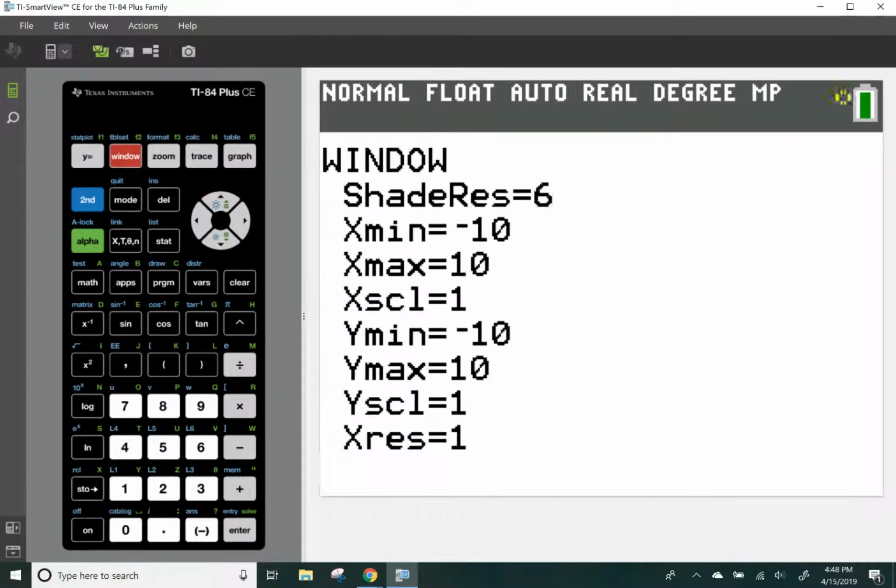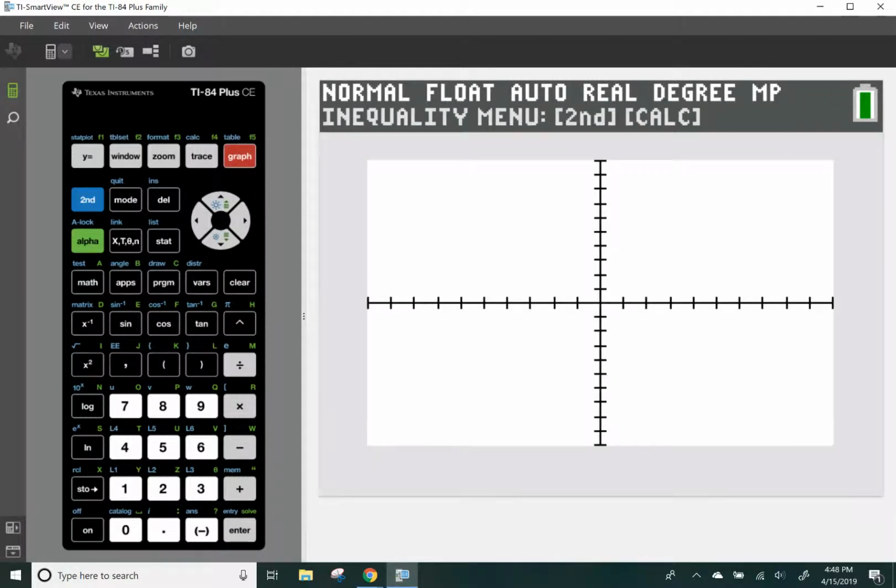Make sure your graph window is set to normal, and then graph your equations. And then look to see where they cross. It's easy as that. Number 10 is the same way. Number 11 is the same way. Number 11 is a little more of a decimal, but you can still get there. Number 12 is the same way as well. So that's going to be it.